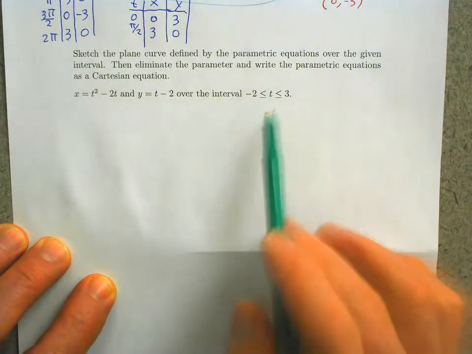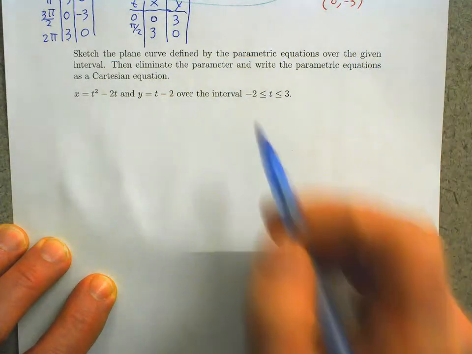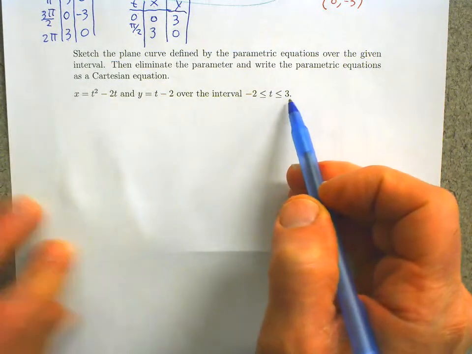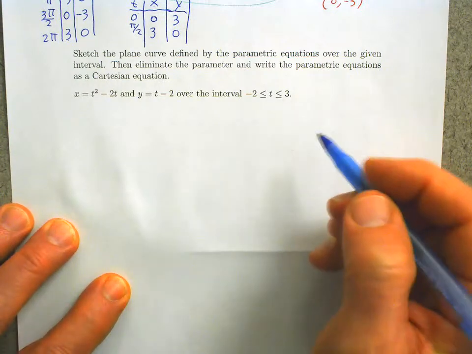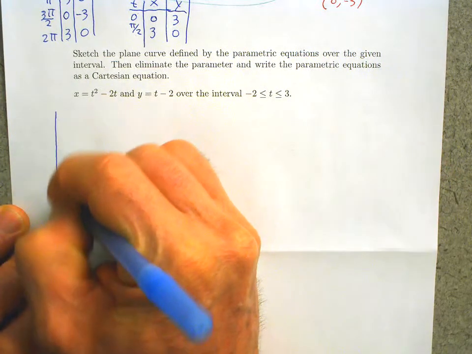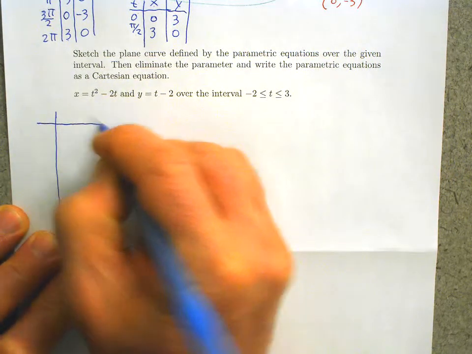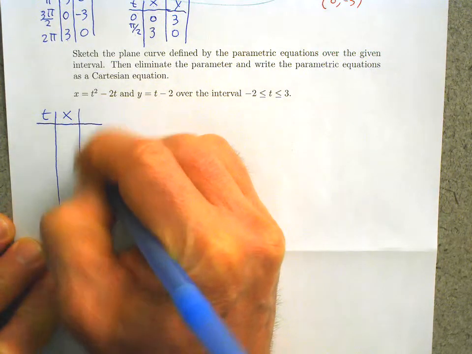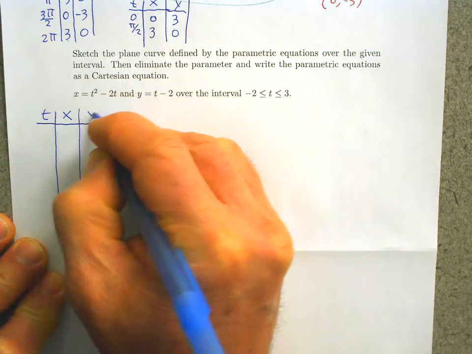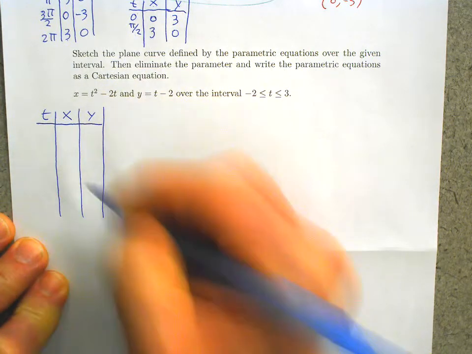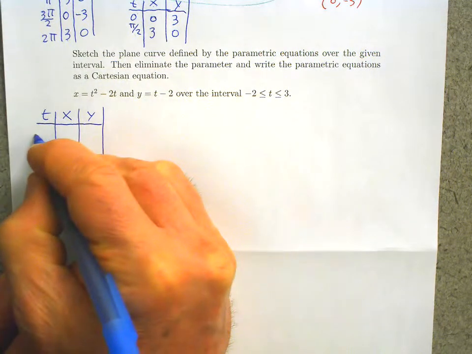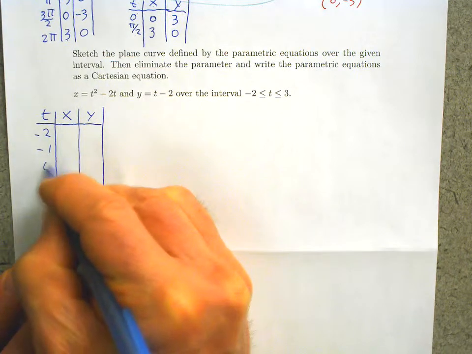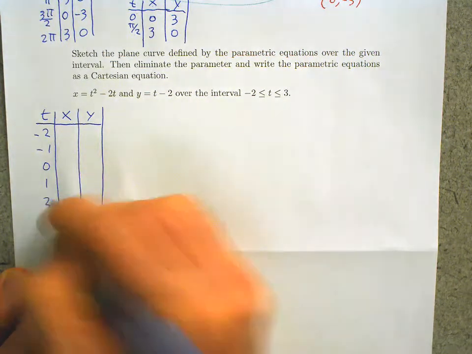This time we're going to limit the t values so that they're between negative 2 and 3. So we'll pick the t values just to be integers, starting at t equals negative 2, and we'll range up to t equals 3.